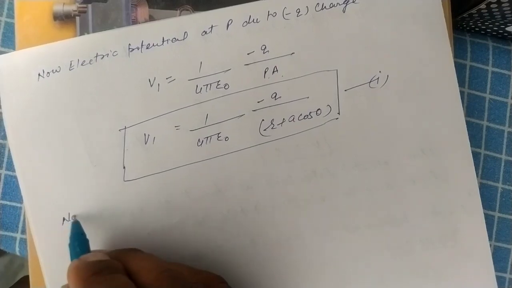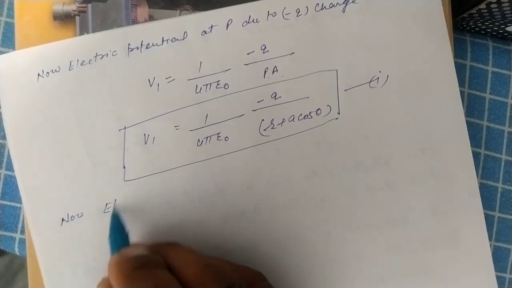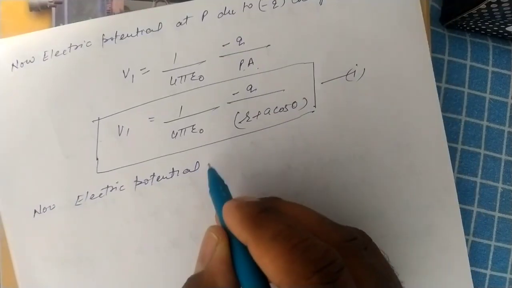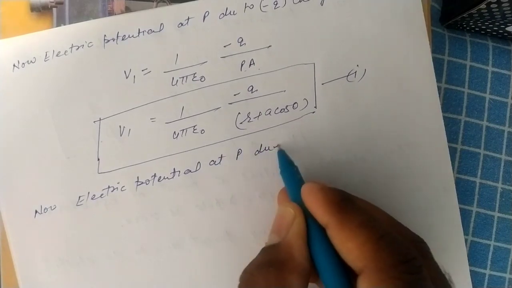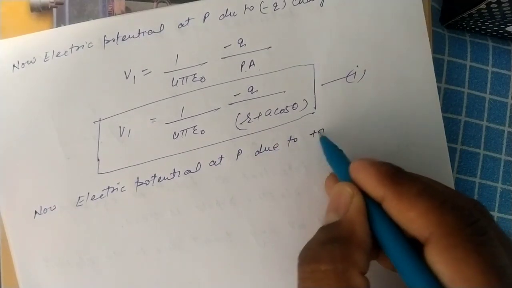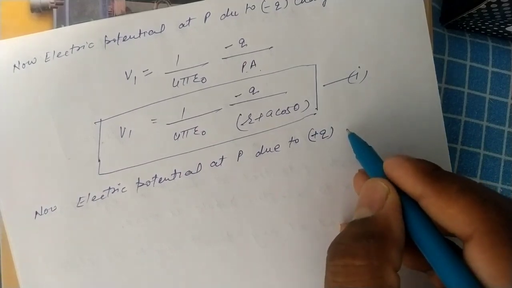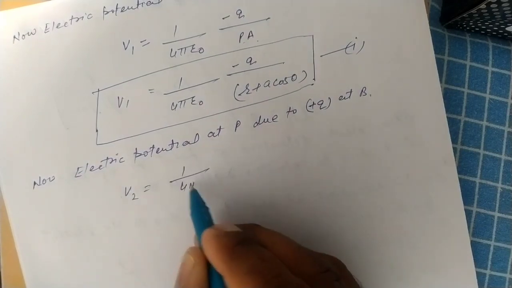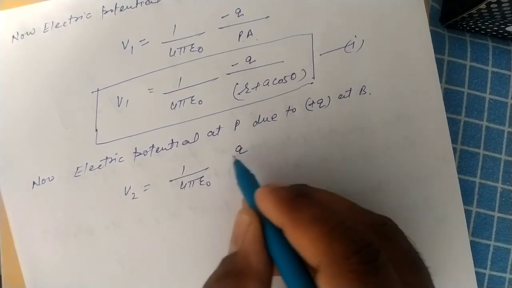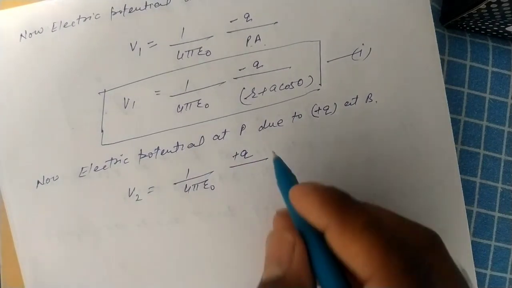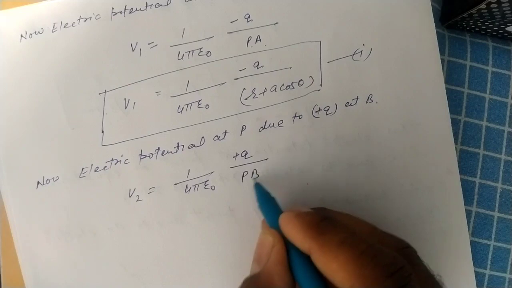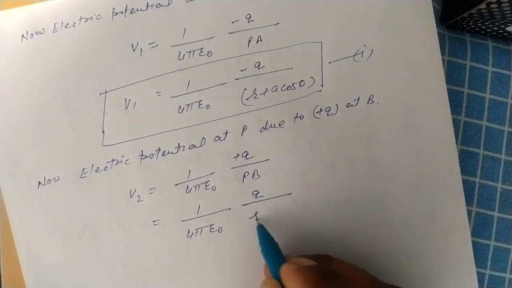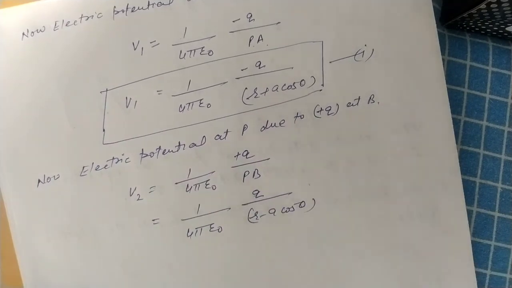Now the electric potential at point P due to plus Q charge at B, V2 is equal to 1 upon 4 pi epsilon naught, plus Q divided by PB, and PB is equal to R minus A cos theta.